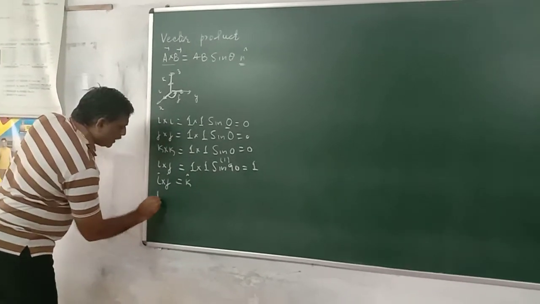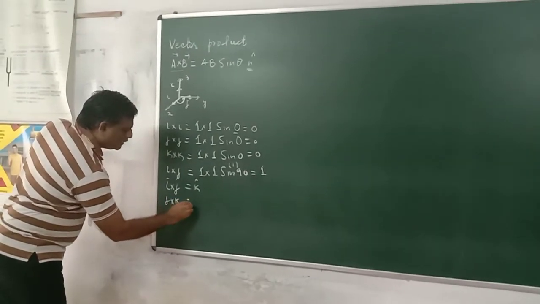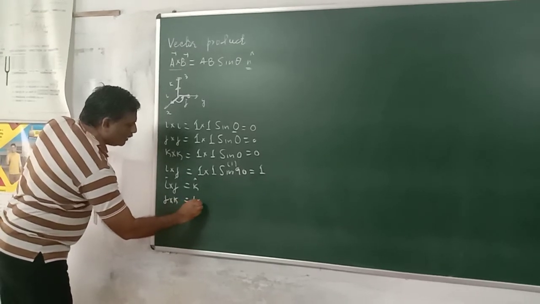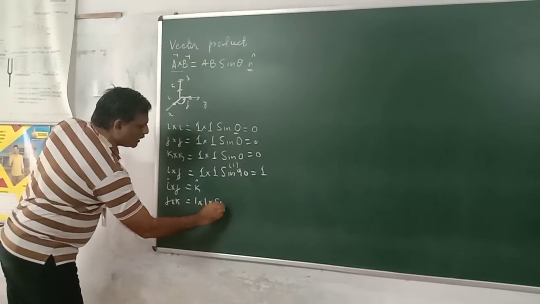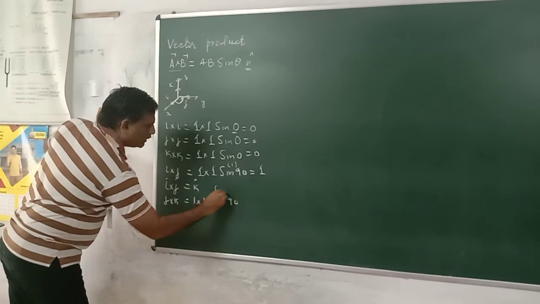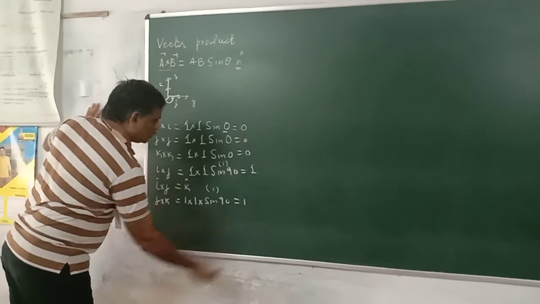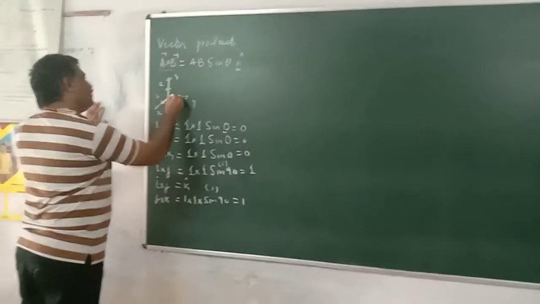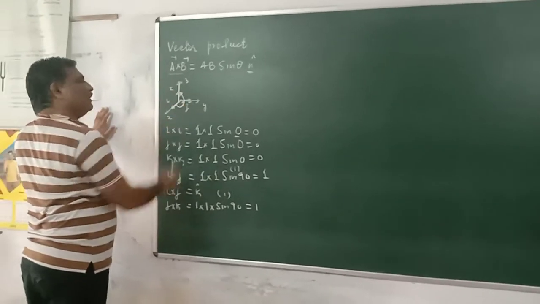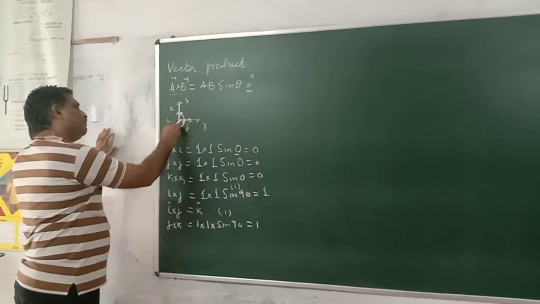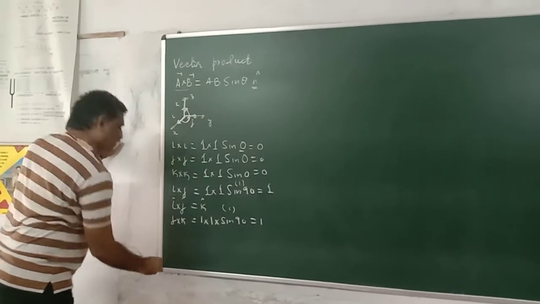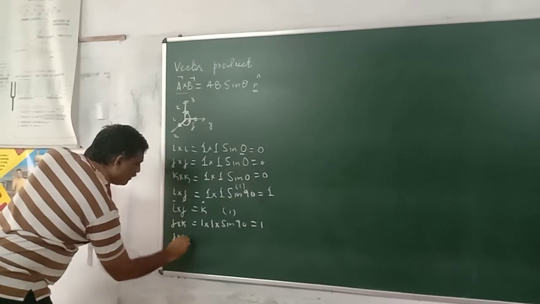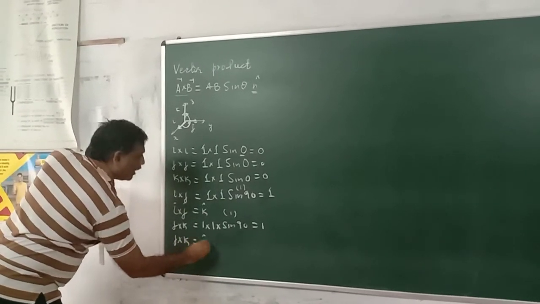In a similar manner, j to k is equal to 1 into sine 90, which is 1. Together it becomes 1. But for j to k, when we are rotating, it is again anti-clockwise, so it will come along positive i. j cross k is equal to i.